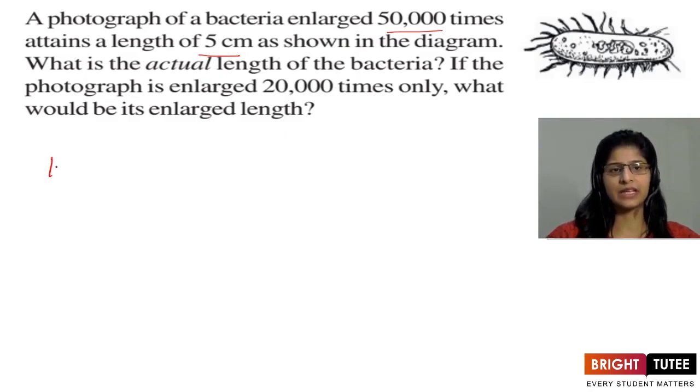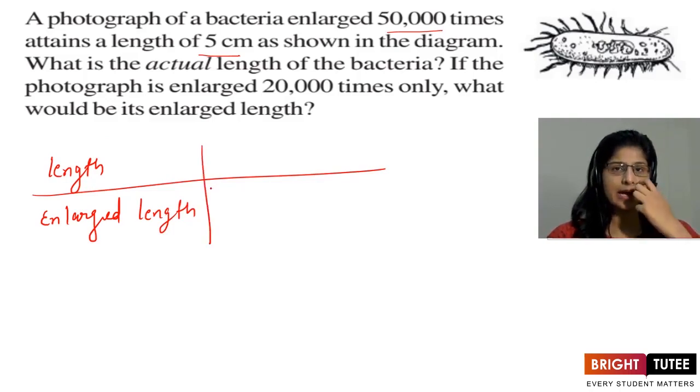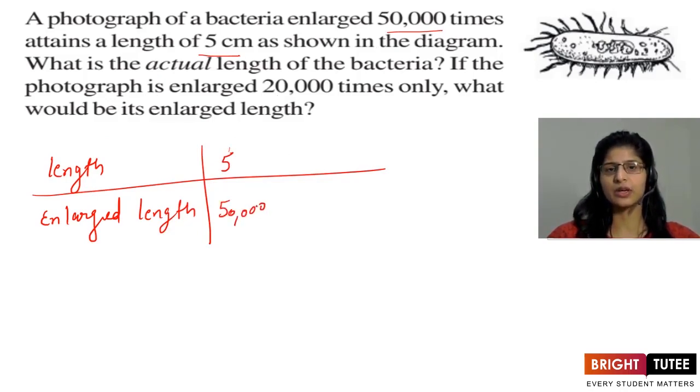So we have been given length and enlarged length, these are the two things given. When it is enlarged 50,000 times it attains a length of 5 centimeter, and we have to tell, if the photo is enlarged to 20,000 times, what will be the length?